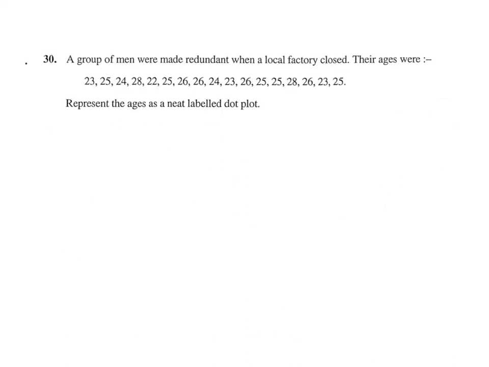So we want a dot plot, well, something like this, just a horizontal line. And I want to put some numbers on it. Now this, we've got a 22 here, all the way up to, well, there's a 28.